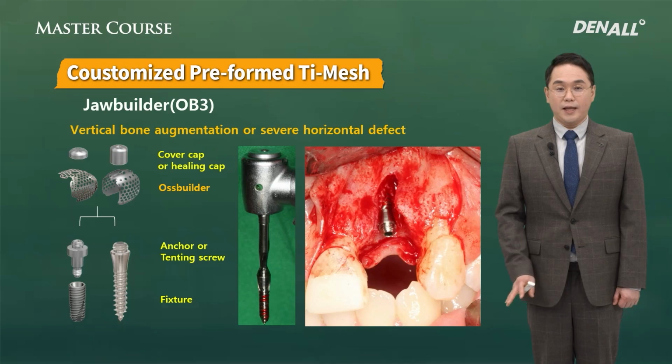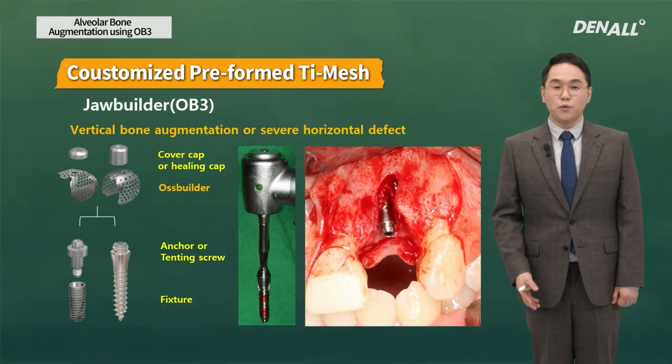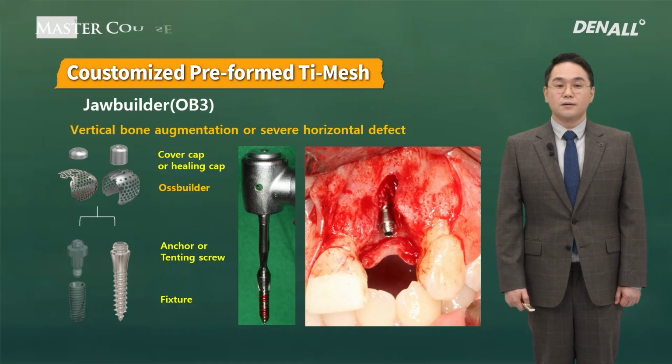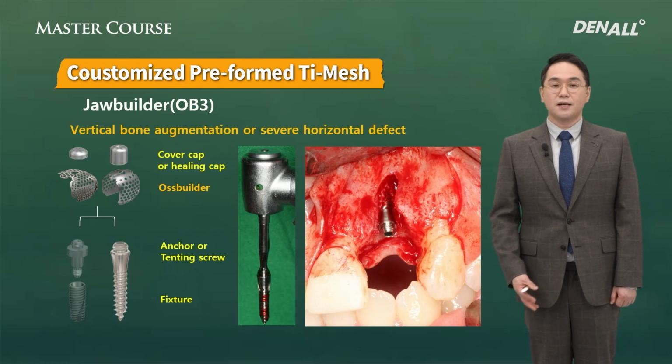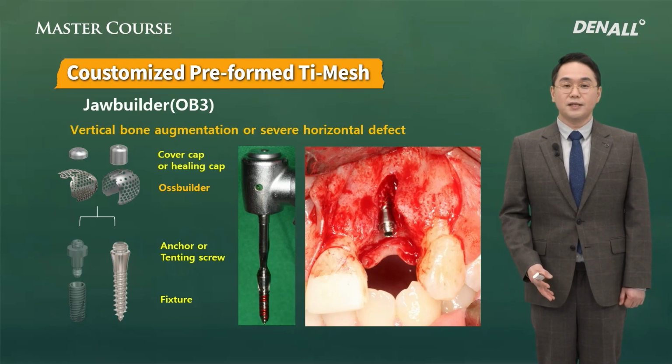This is not just a conventional tenting screw. Its superstructure is the same as the form of the anchor screw. So when implants cannot be placed, tenting screws for Builder should be connected and the bone graft is done, and the Jawbuilder can be used on top of it.